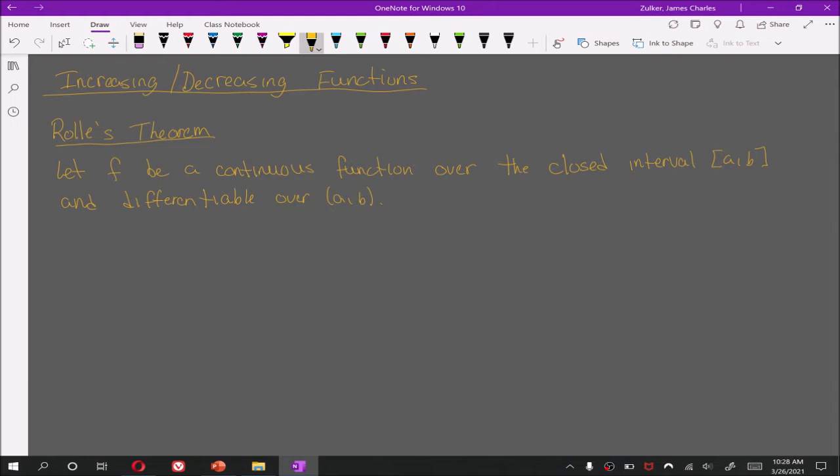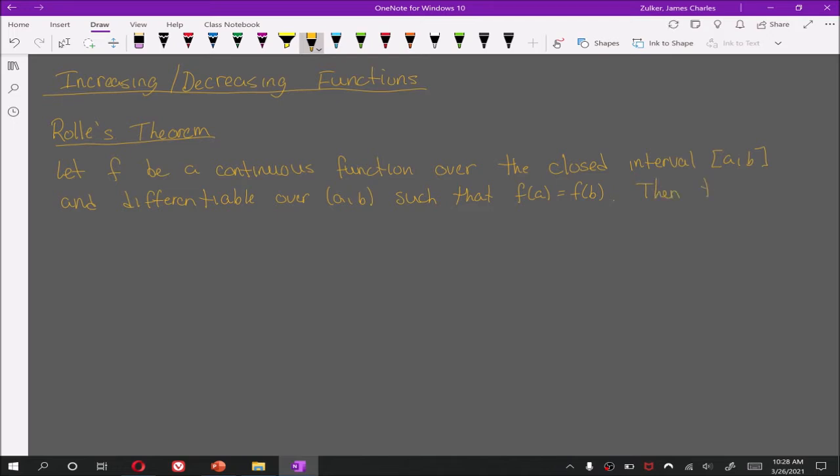Right? So it doesn't need to be differentiable at the endpoints, such that f of a is equal to f of b. So the function value is the same at the endpoints.